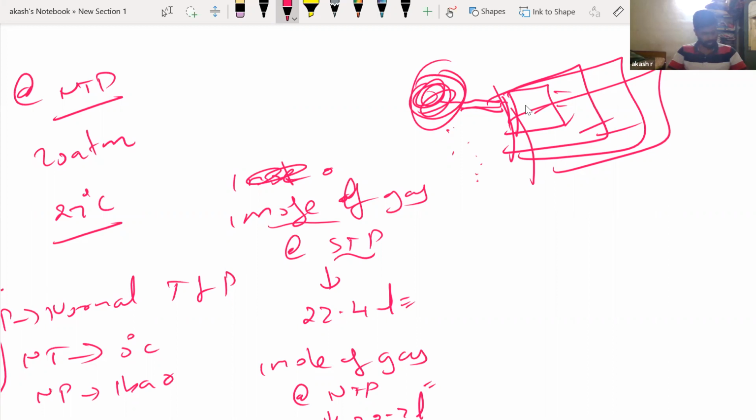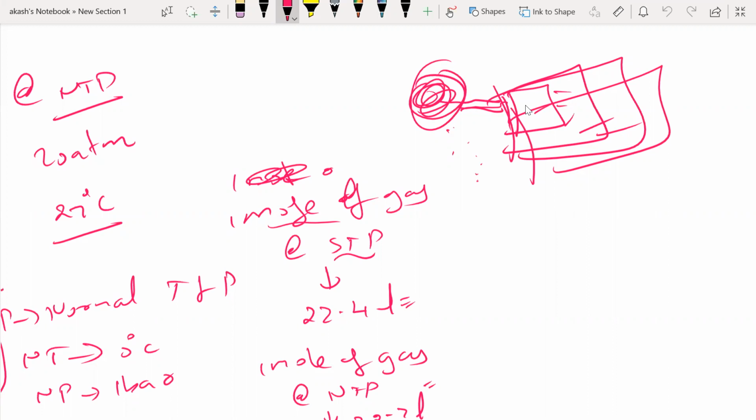I told you that the cylinder can hold 2.82 liters of water at NTP, something I told, right? One second. Why is it wrong? I guess the answer is coming, sir.